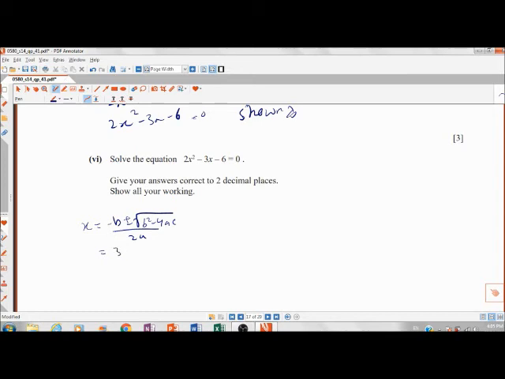This is the formula. So substitute minus b, and b is minus 3, so that's positive 3, plus or minus the square root of b squared, which is minus 3 squared, minus 4 times a, which is 2, times c, which is minus 6, over 2a. So you simplify that, you get 3 plus or minus the square root of 57 over 4.